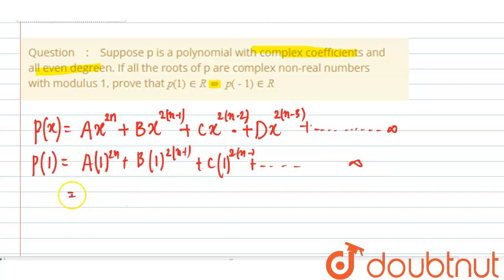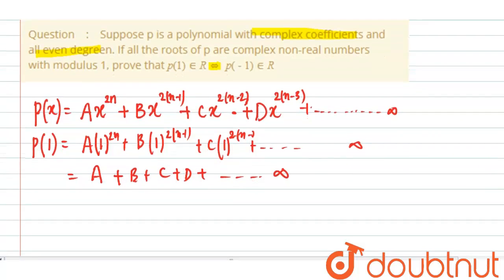And if we solve this, we'll simply get a plus b plus c plus d up till infinity, because 1 raised to power 2n or 1 raised to power 2n minus 1 is always equal to 1, because I am multiplying 2 with each exponent. That means it is getting even, and 1 raised to power any even quantity is always 1.